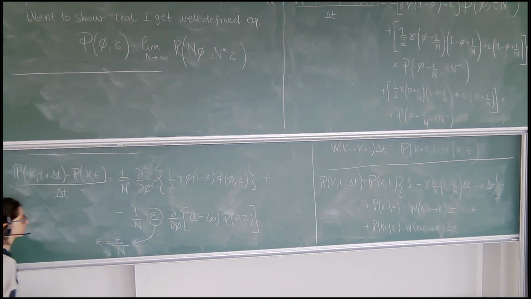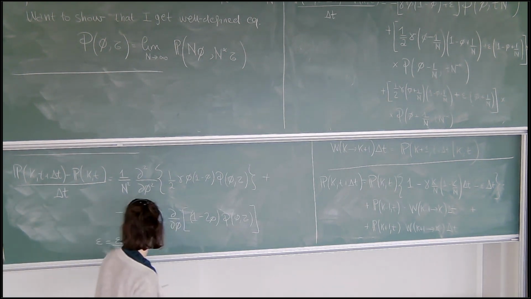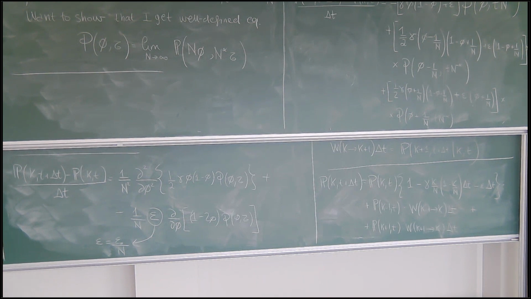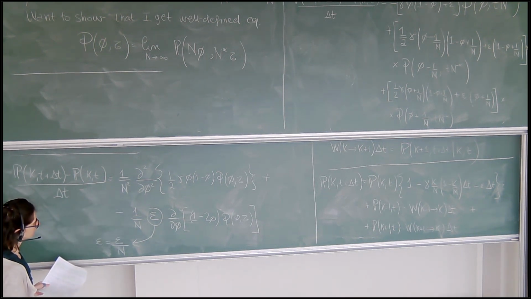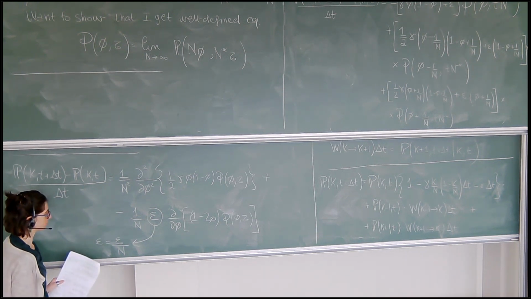So why do I do this? Well, if you think about the usual mean field or fully connected things, you realize that this is actually the meaningful thing to do. And the reason is that usually whenever you have these interaction terms and you have a scaling with n, you have to rescale the interaction to have something which remains of order 1 in the limit n going to infinity.